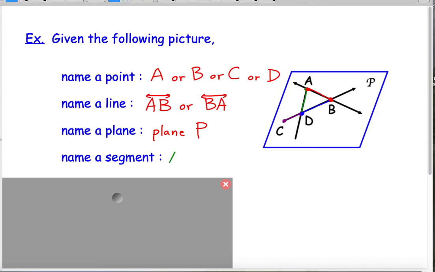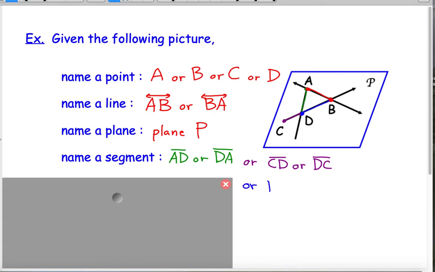So for example, maybe I'll say segment AD and put the segment symbol above them. Or we could have said DA. Now there's a lot of possible answers here. You just had to list one. You could have said segment CD, or you could have said segment DC. Notice I'm trying to do the color coordination here.